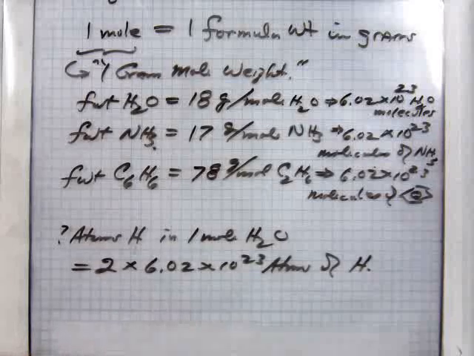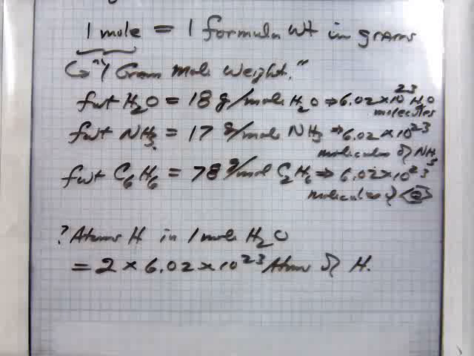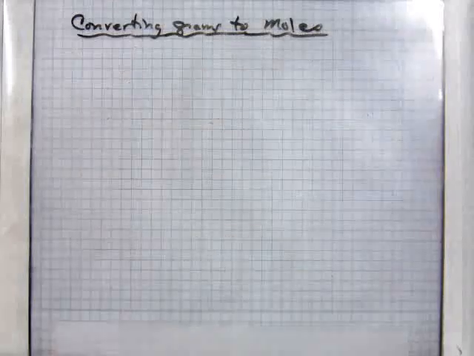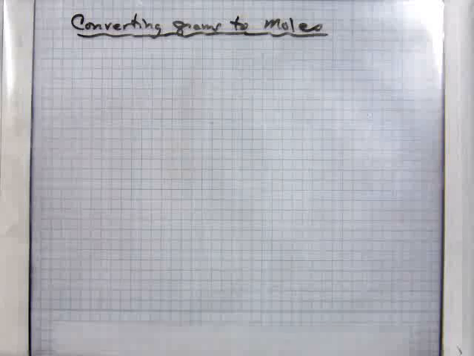Now, one of the most important mathematical calculations you will do in all of chemistry is converting grams to moles and moles back to grams. Long story short, all you want to do is take the grams divided by the formula weight.